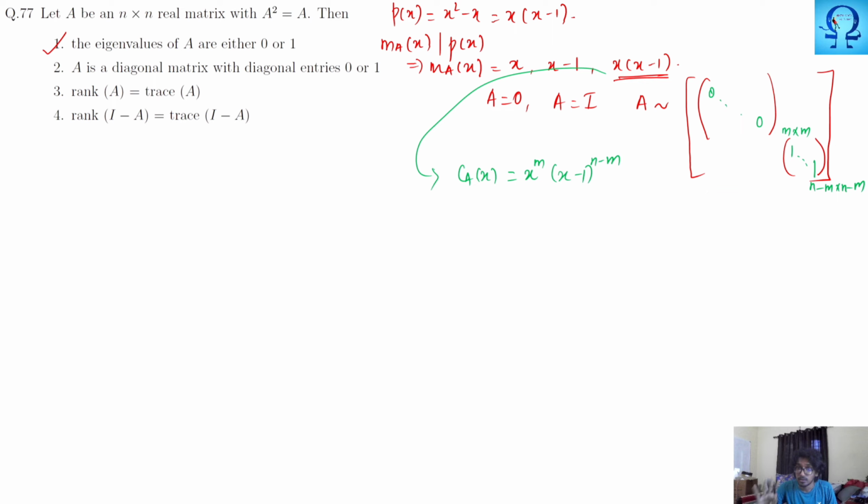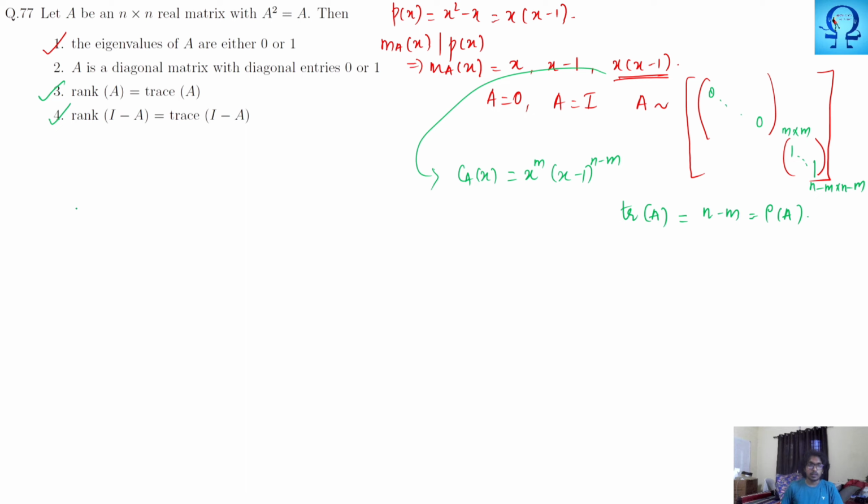So A is similar to one such matrix, right? From this, if you find the trace of A, which is the same as n minus m, which is the rank of A, and from this you can identify what is identity minus A, and you see the rest of the things going to happen. So options 3 and 4 are true.